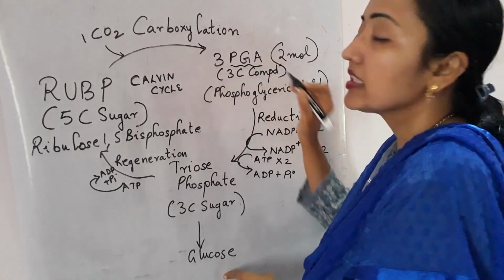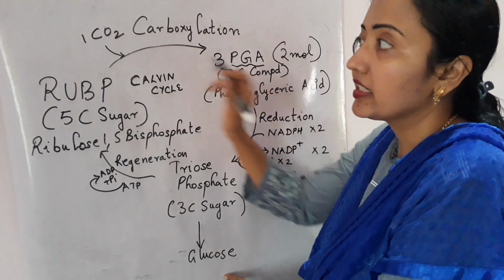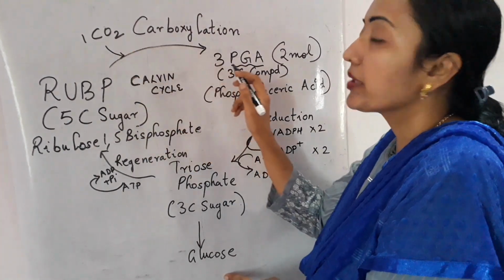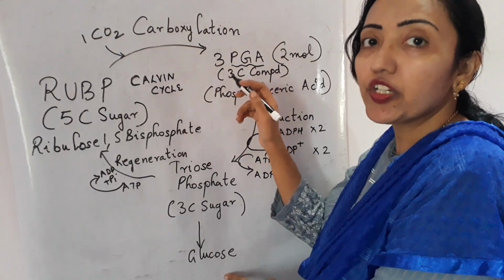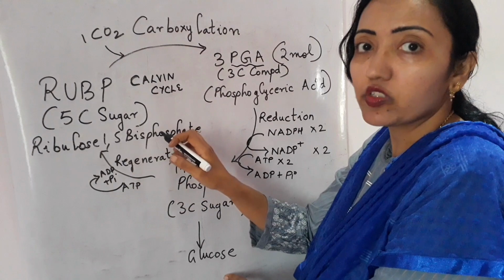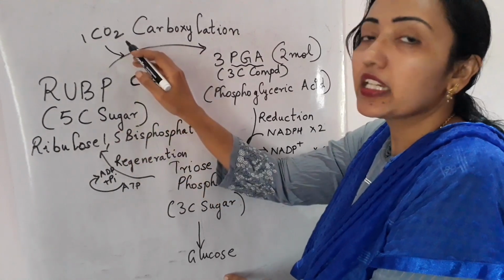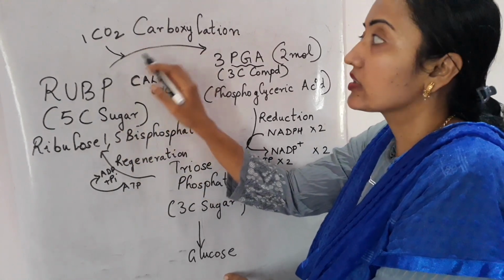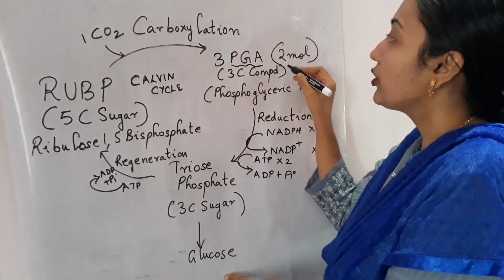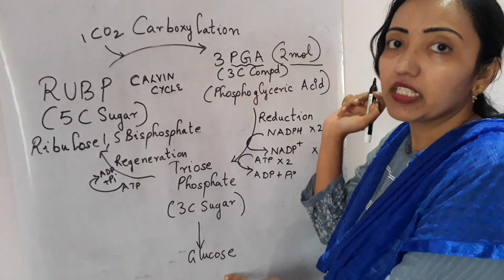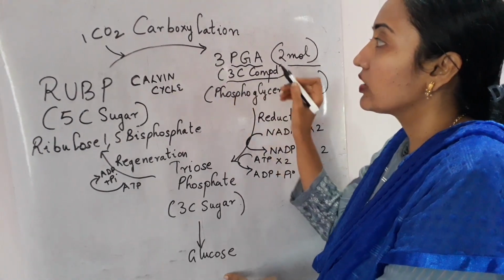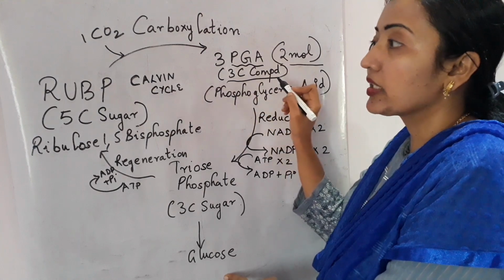3 PGA is 3-phosphoglyceric acid. RuBP, ribulose 1,5-bisphosphate, a 5-carbon sugar, combines with 1 molecule of carbon dioxide, and 2 molecules of 3-phosphoglyceric acid are produced. 3 PGA is a 3-carbon compound.